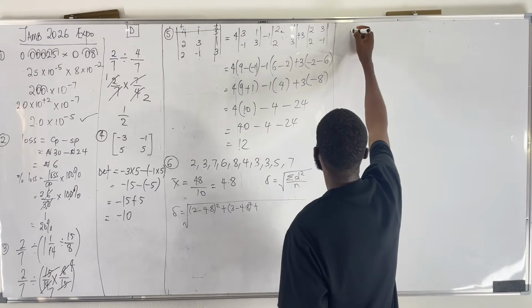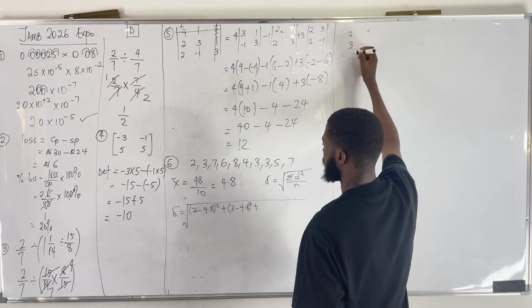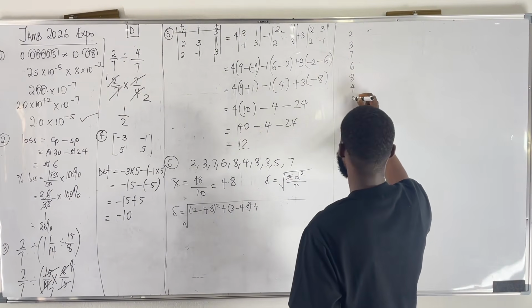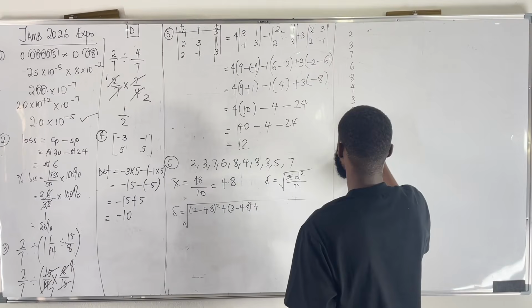So the numbers we have are 2, 3, 7, 6, 8, 4, 3, 3, 5, 7.